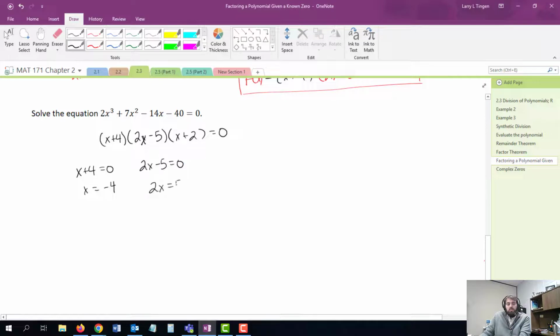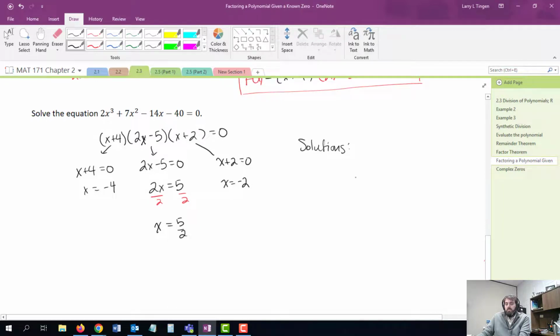So 2x is 5. And then again, the goal, x by itself. X is 5 halves. And then that last one, x plus 2 is 0. X is negative 2.